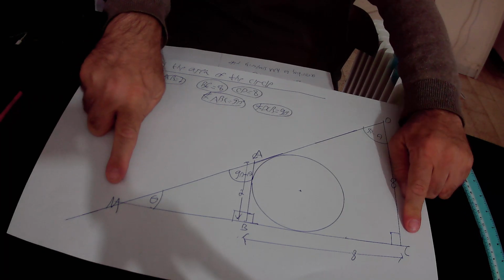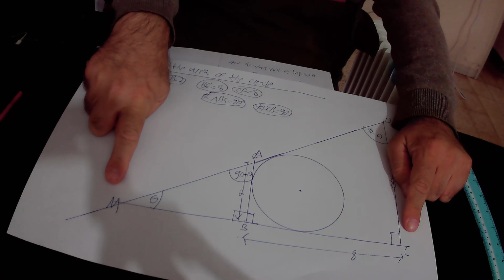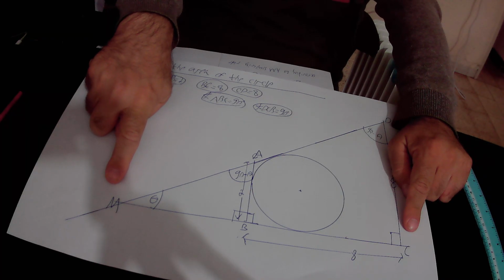What is the length of side MC? From the drawing it is very easy to see. Side MC equals MB plus BC. That is to say, MC equals MB plus BC, that is 8, so in total MC equals MB plus 8.